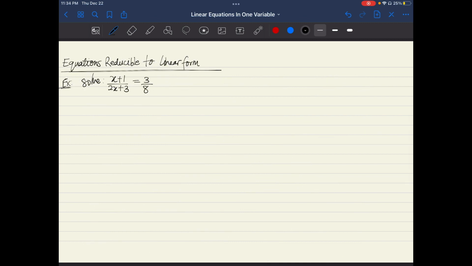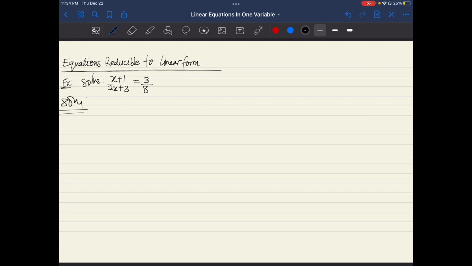Now, moving on to a different topic, which is equations reducible to linear form. Now, let's understand this topic by solving the following question. Solve x plus 1 over 2x plus 3 equals 3 over 8. Now, what can be done in this scenario?